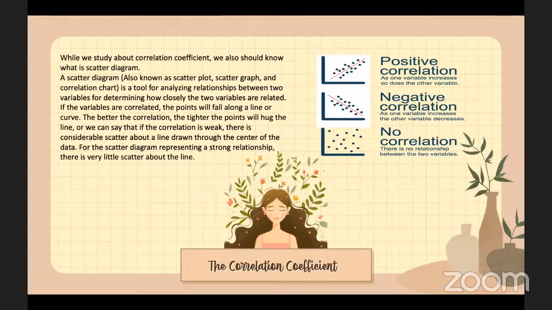The fourth is a value near zero indicates there is little relationship between the variables. The fifth is a value near 1 indicates a direct or positive relationship between the variables. And the sixth is a value near -1 indicates an inverse or negative relationship between the variables.